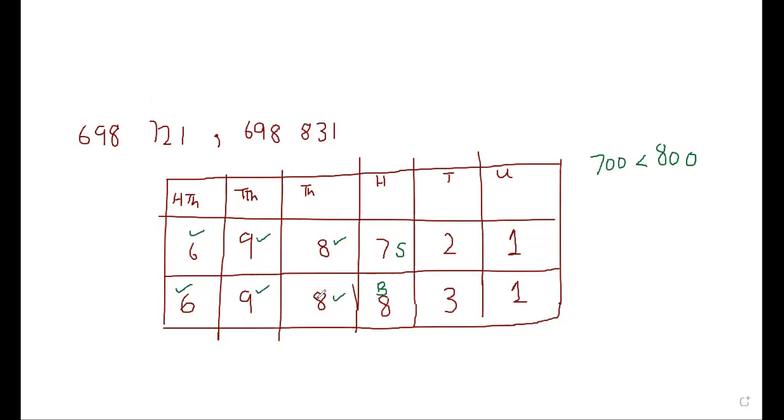But in the hundred place, 800 is greater than 700. As we have done, 800 is greater than 700. You can also write this like this: 800 is greater than 700. Both are giving the same message to us.